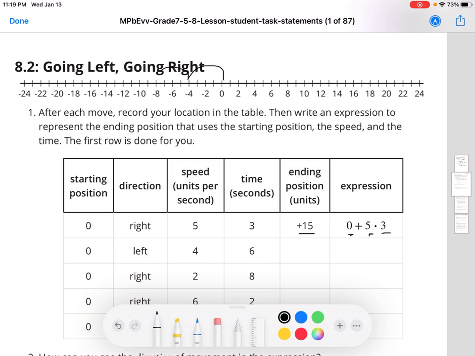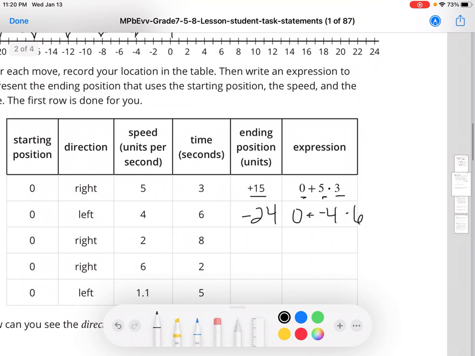So there's 1, 2, 3, 4, 5, 6. So we finish at negative 24. So our expression would be 0 plus negative 4, because I'm traveling to the left, times 6. Or you could also write that as 0 minus 4 times 6.